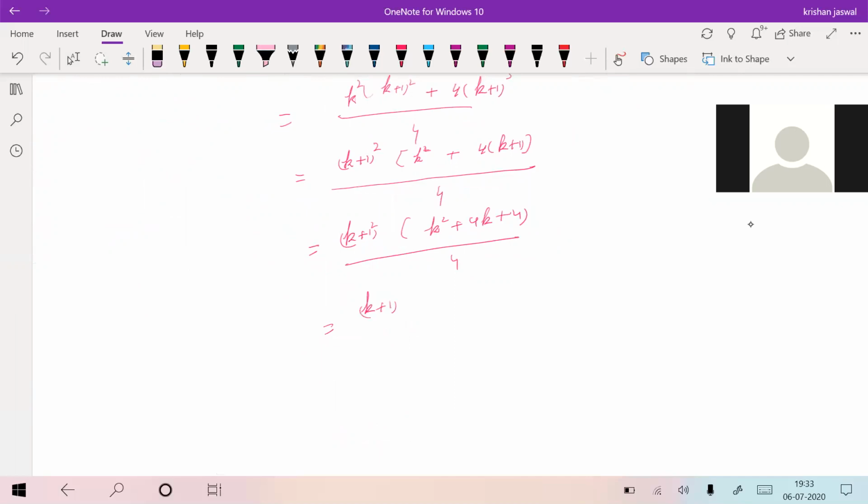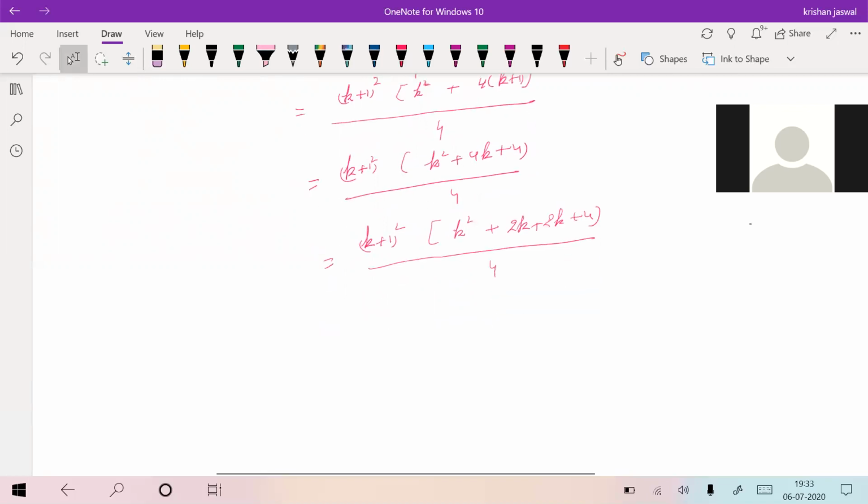We can apply the splitting the middle term formula: k square plus 2k plus 2k plus 4. k is common, k plus 2, plus 2 and k plus 2 is common: k plus 2 into k plus 2 over 4.